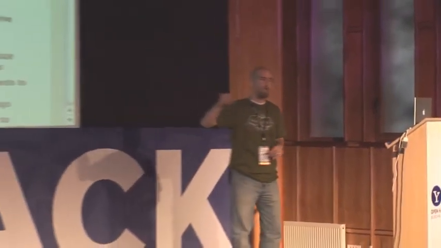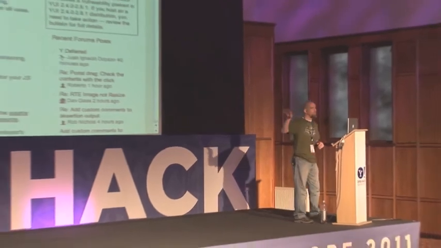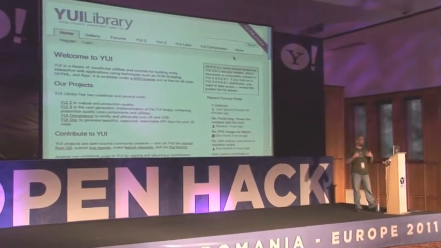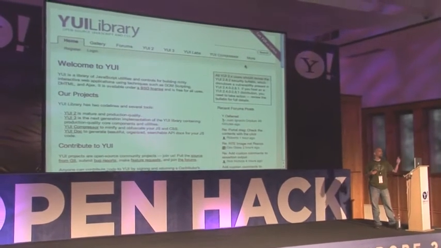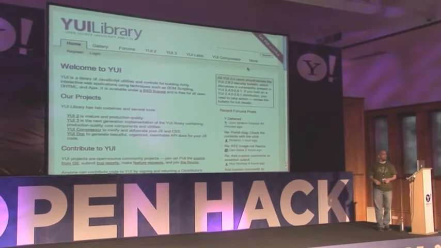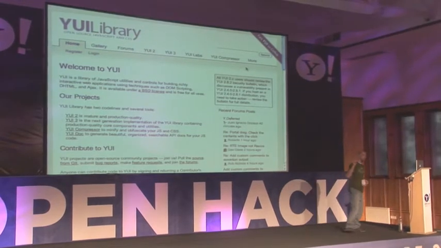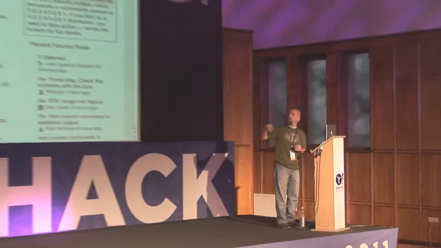This is where you'd go to ask questions on the forums, and look in the forums for answers to some of the questions that you have. If you want to come and ask me or other people on the Yahoo team, you can certainly do that as well. And one piece up there that I'll talk about a little bit later is the gallery.